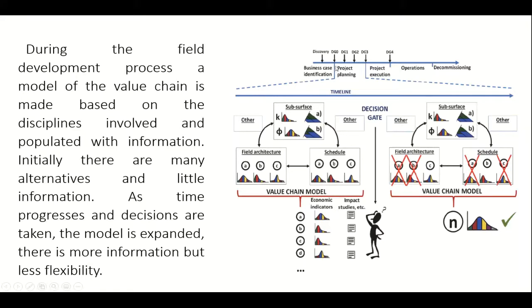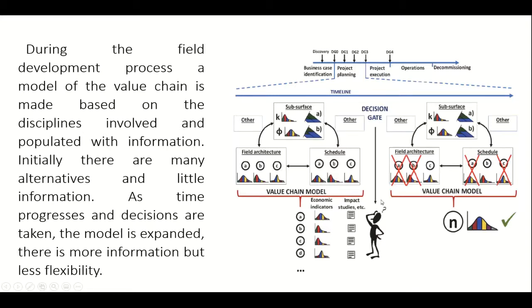So initially, in the early stages, you have a lot of options within each one of these squares. In this value chain model, you have a lot of options, and a lot of uncertainty in the information. And then as you progress in this timeline, the value chain model is growing and including more and more aspects.